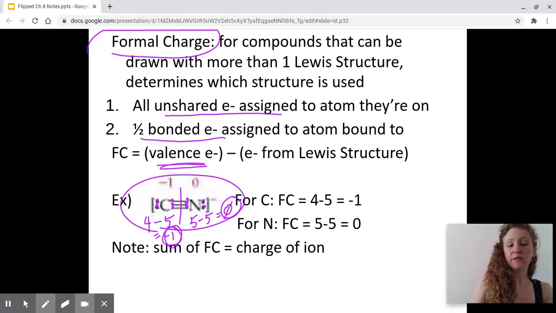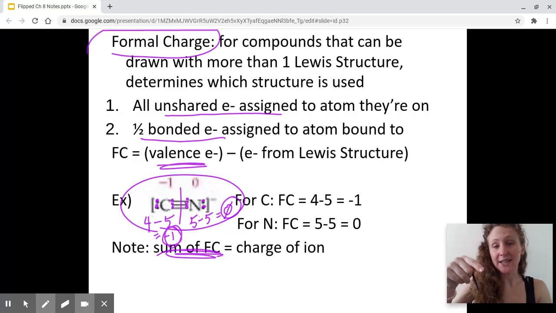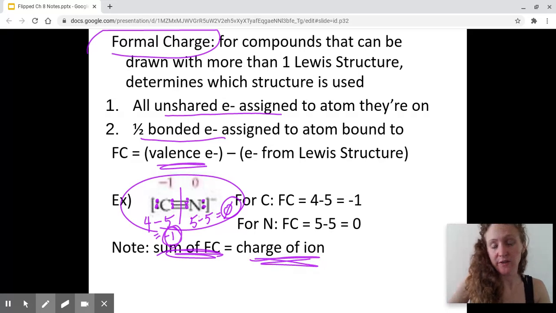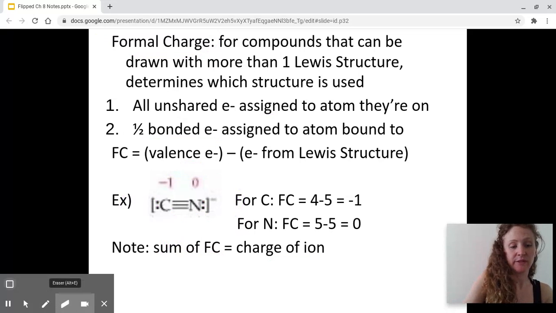Notice that in this case, the sum of the formal charges is equal to the charge of the ion. And so this can be used to predict what model actually exists. Let's look at an example of that.